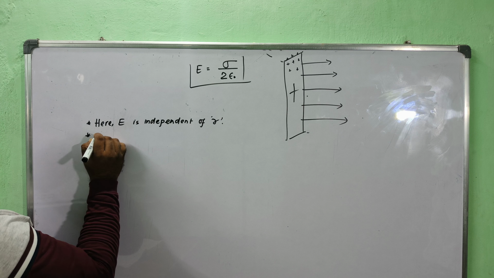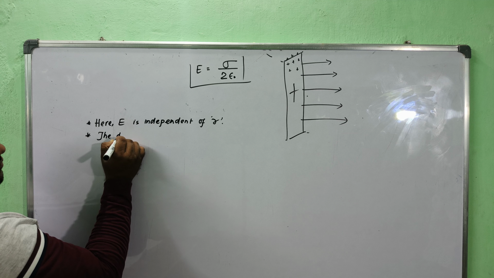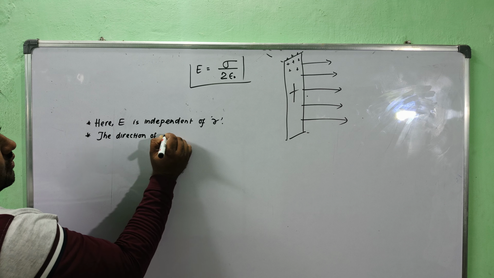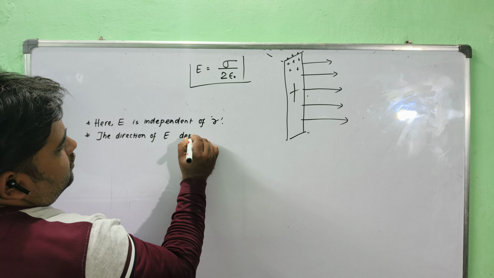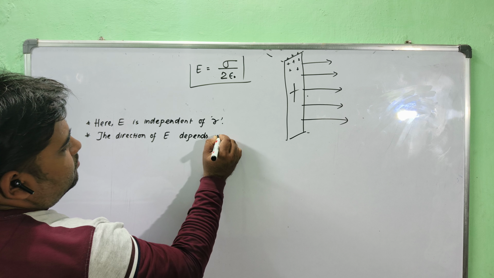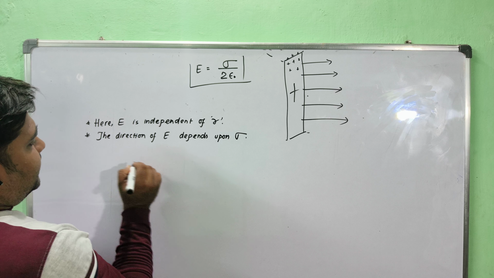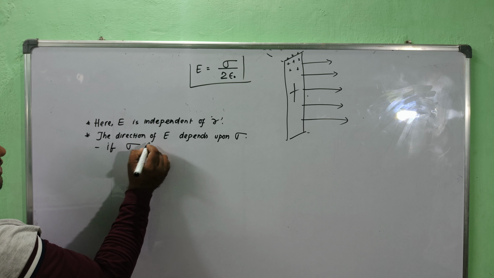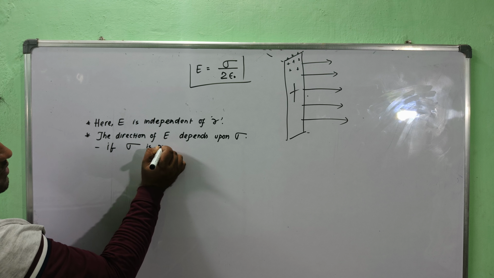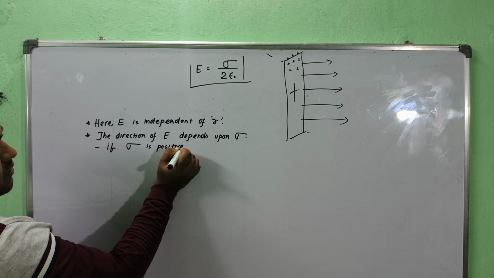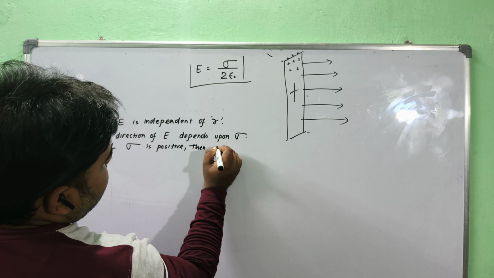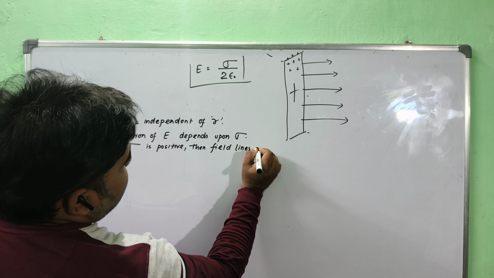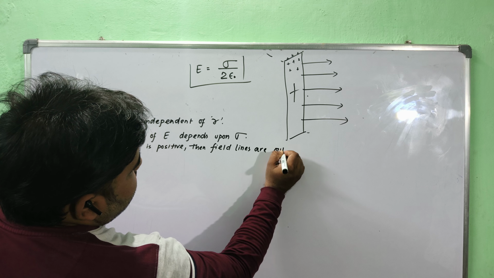So the direction of E depends upon sigma. If sigma is positive, then field lines are outward.